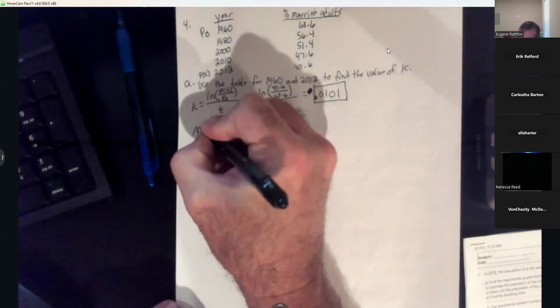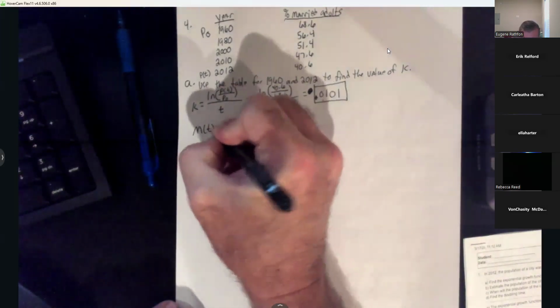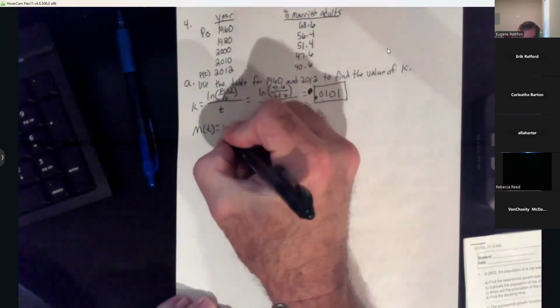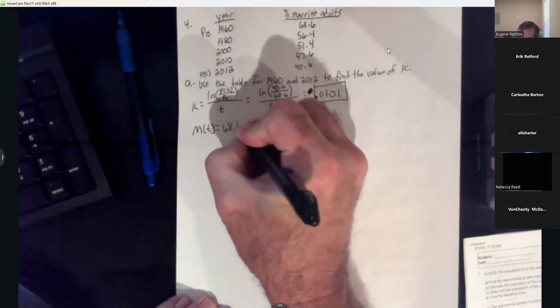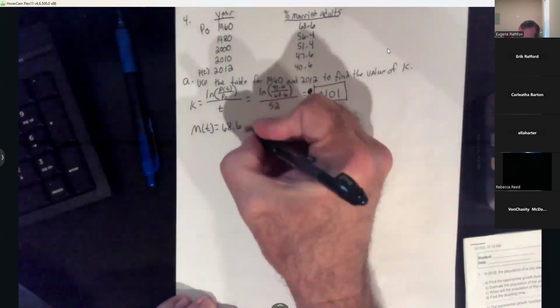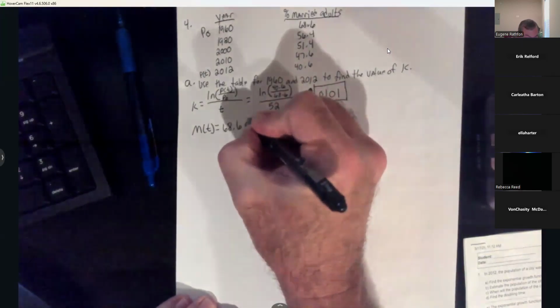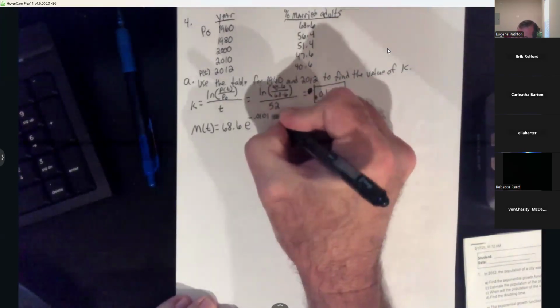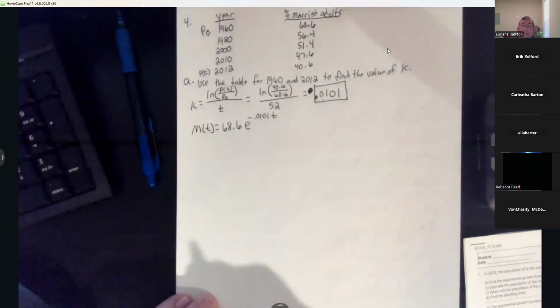Now, part B on that had m of t equals. When you put in the formula, though, you have to use the negative. So it'll be the 68.6, which was my P original, times e to the negative 0.0101 t.